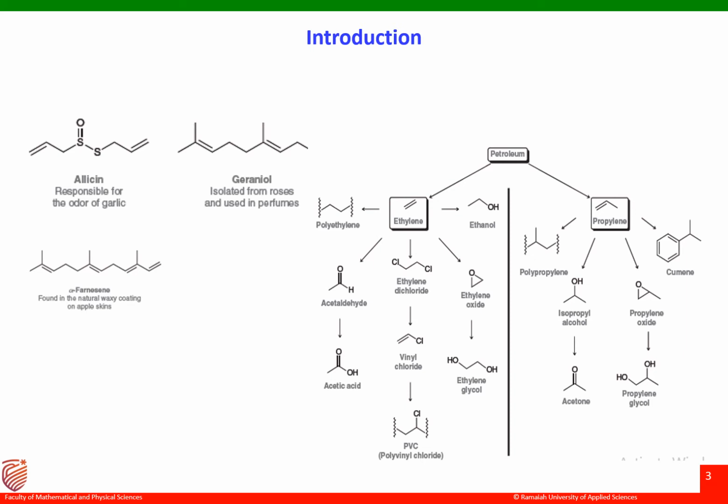Every year, over 200 billion pounds of ethylene and 70 billion pounds of propylene are produced globally and used to make many compounds, which include polyvinyl chlorides, polyglycols, isopropyl alcohols, ethylene oxides, etc., which have very good physicochemical characteristics. Because of these characteristics, they are widely used in industry for different applications.